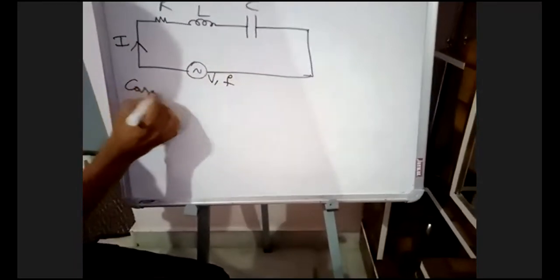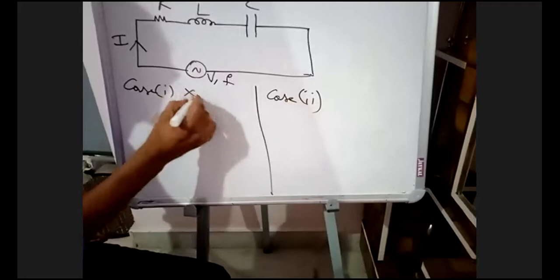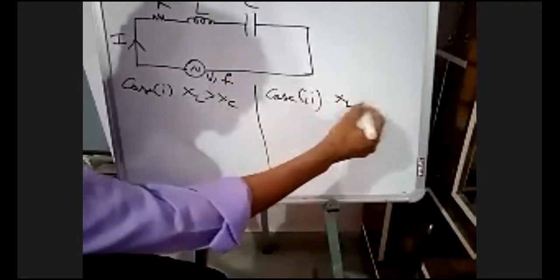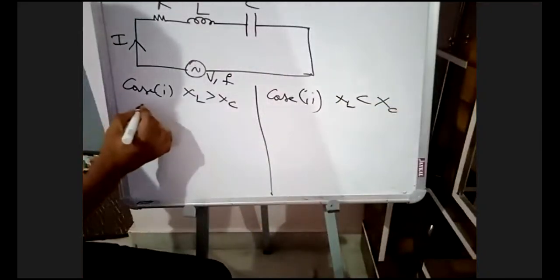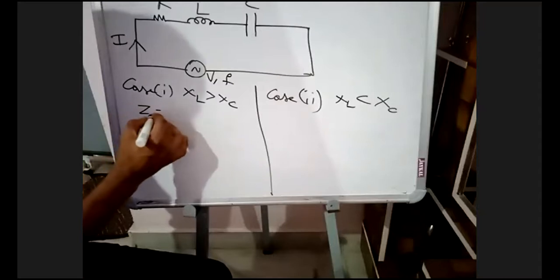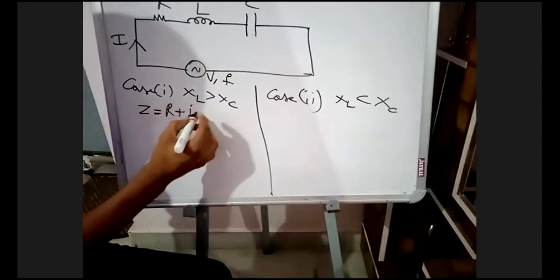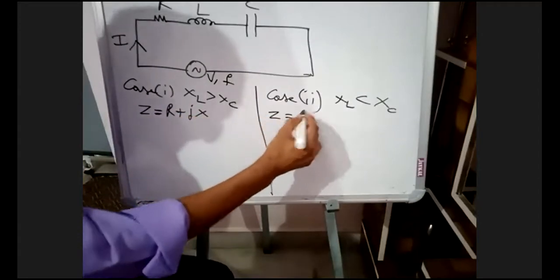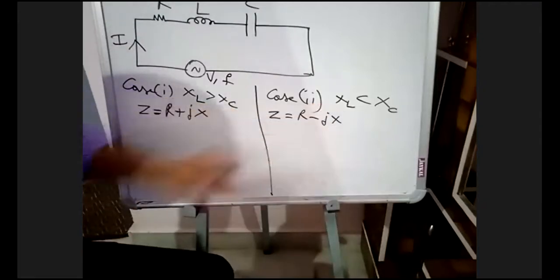Case 1: XL greater than XC, then Z is equal to R plus jX. Case 2: XL less than XC, then Z is equal to R minus jX, because XL is less than XC.